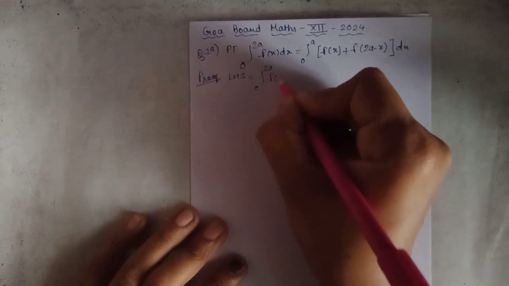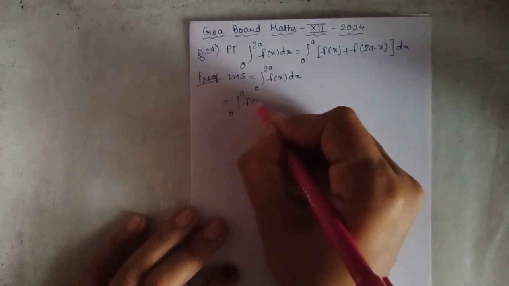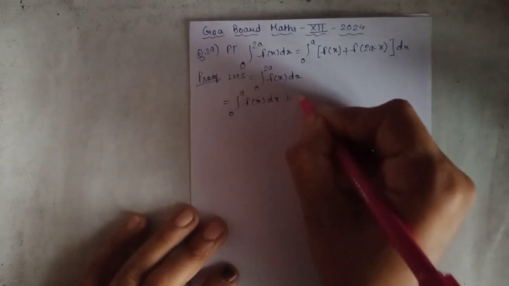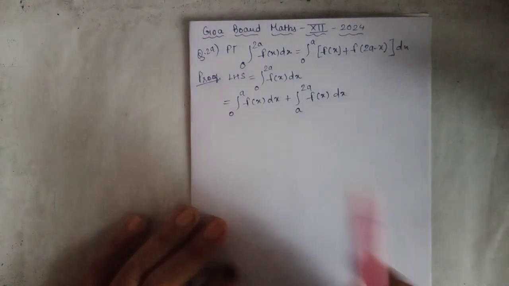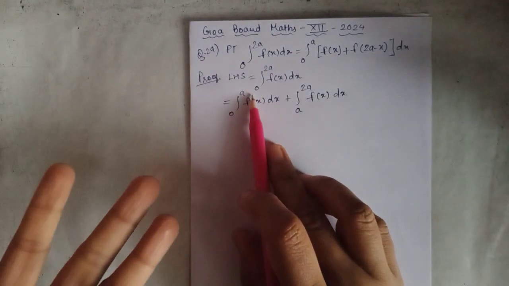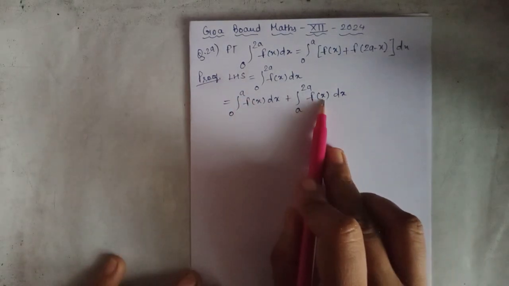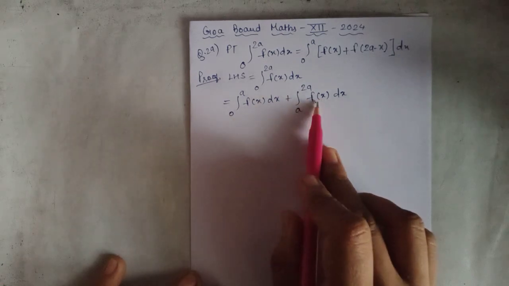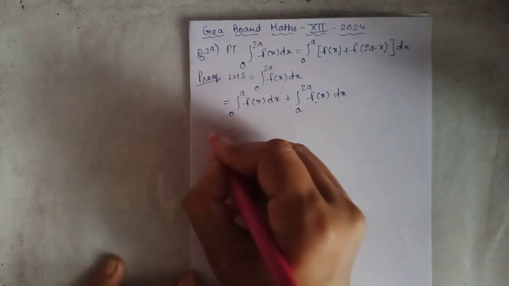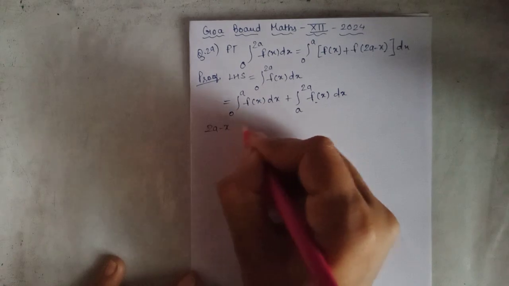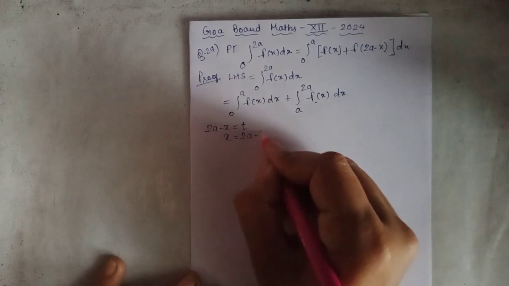The integral from 0 to 2a of f(x) dx can be written as the integral from 0 to a of f(x) dx plus the integral from a to 2a of f(x) dx. We are writing the limits a to c as a to b and b to c. Now, in the second term, we take 2a minus x as t, so our x will be equal to 2a minus t.